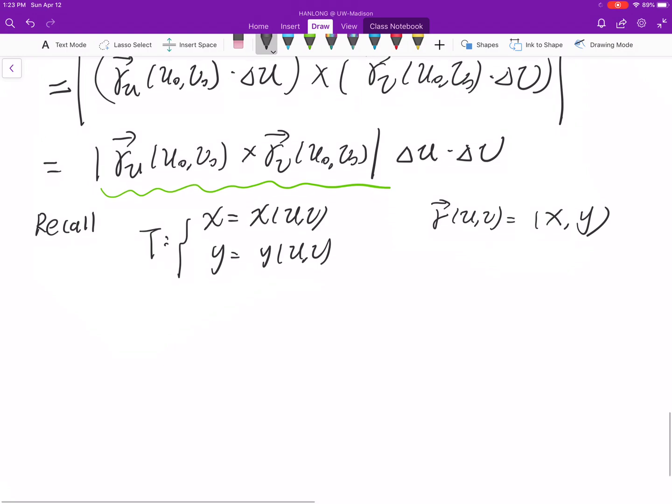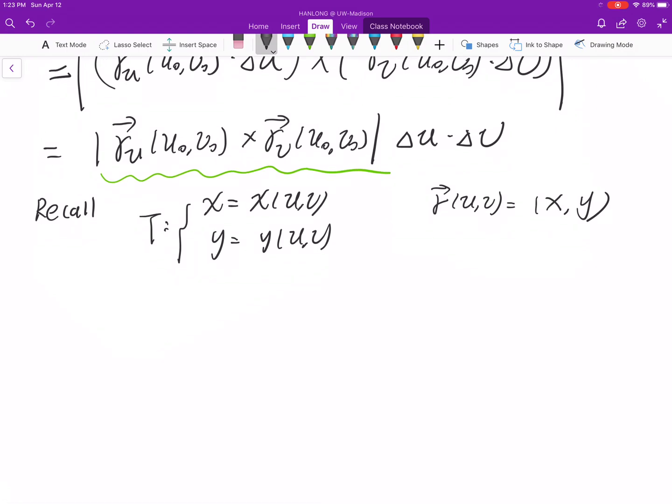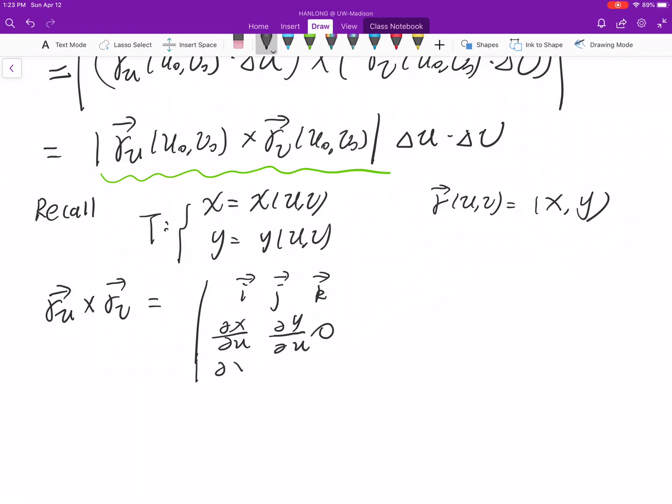Okay, then we can compute the cross product by the cross product formula: i, j, k, partial x partial u, partial y partial u, and since you don't have a z coordinate, you put a 0 here, and partial x partial v, partial y partial v, 0.